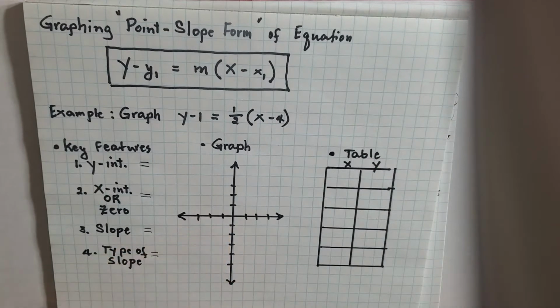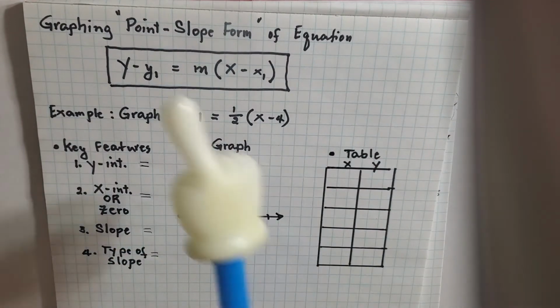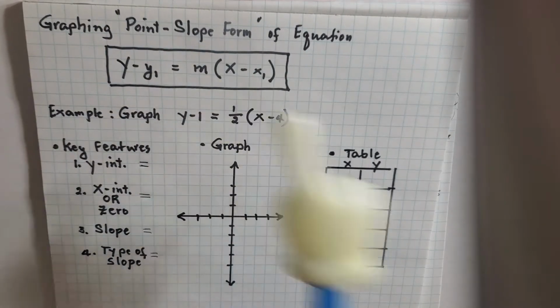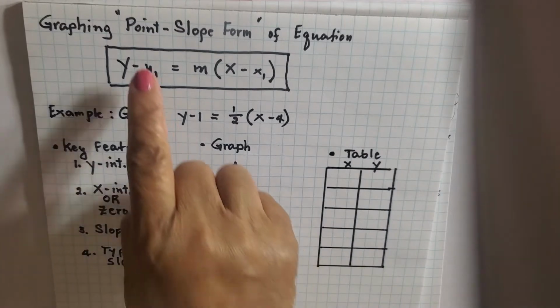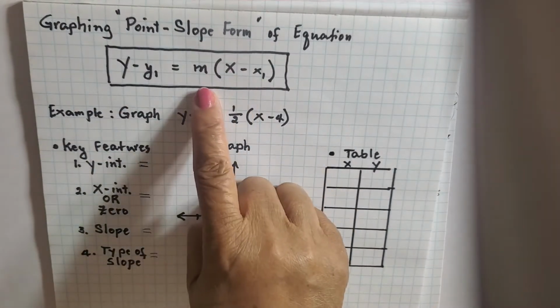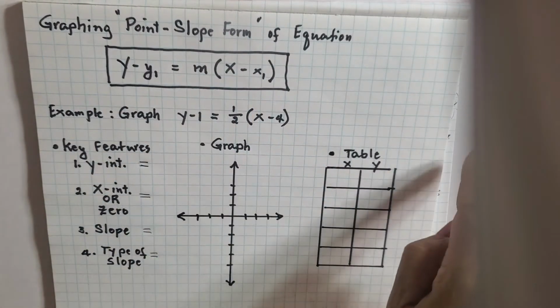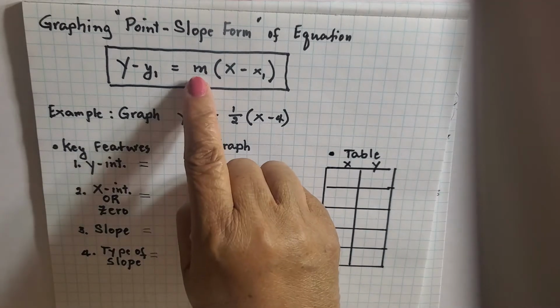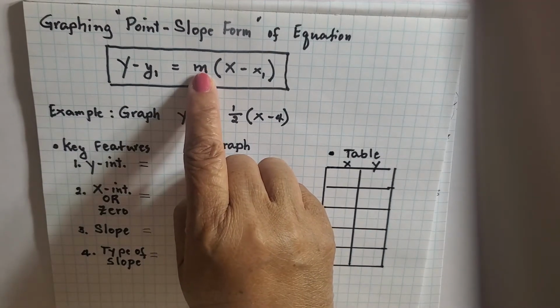Now let us begin graphing an equation in point-slope form, and this is the formula that you need to remember. The name of this is point-slope, because I don't want you to be confused if the equations are already given and you cannot identify the point. If I see this m, I know this is the slope.